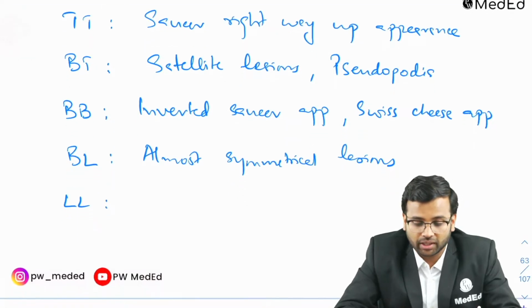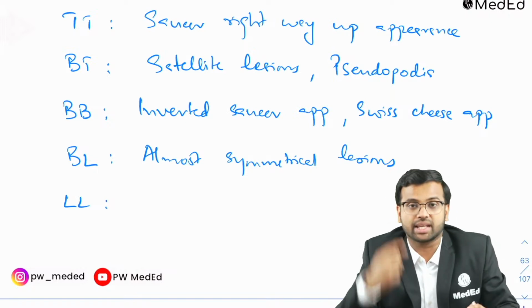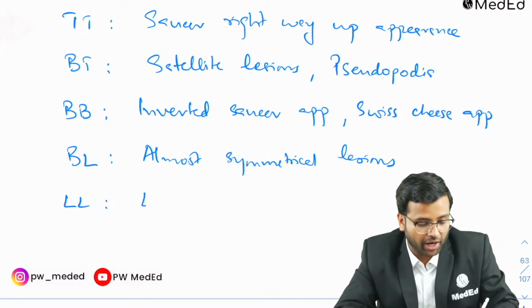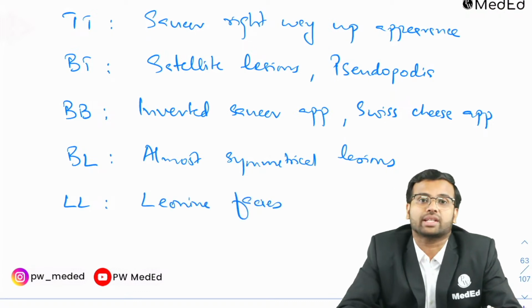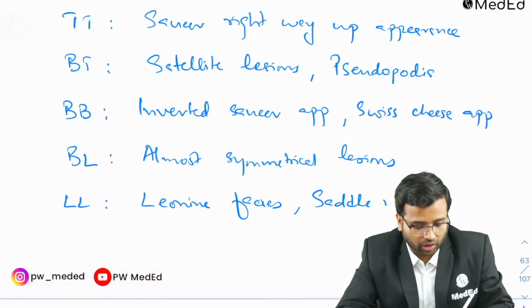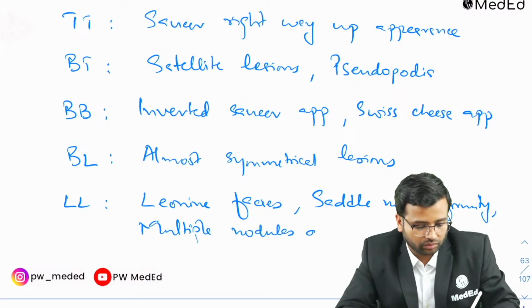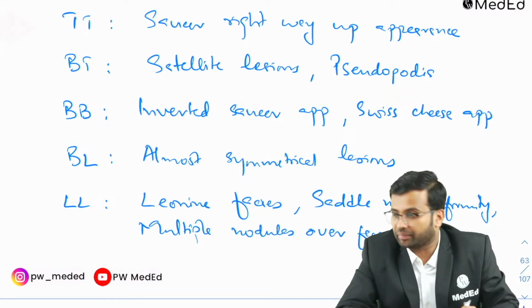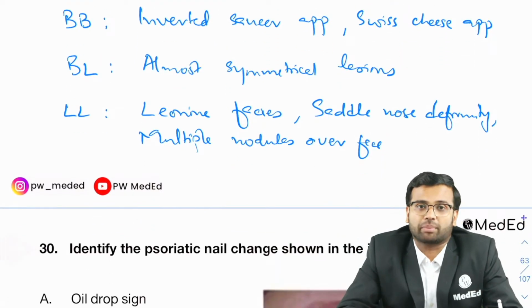In lepromatous leprosy, you can see a typical face compared to leonine facies, that is a lion-like face, along with a saddle nose deformity, multiple nodules over the face, etc. All these things can be seen in lepromatous leprosy.